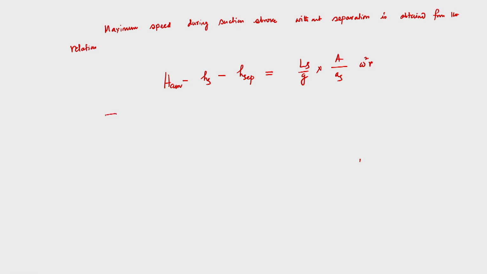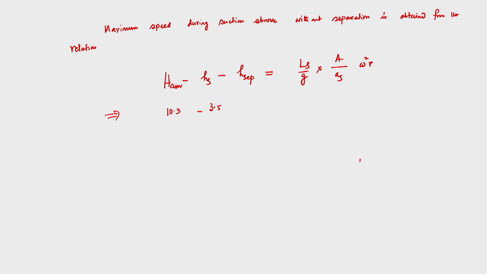Here the atmospheric head is given as 10.3, and Hs is given as 3.5, since the water level in the sump is 3.5 meter below the pump axis. H separation is very important; it is given as occurring at 3 meter of water absolute.